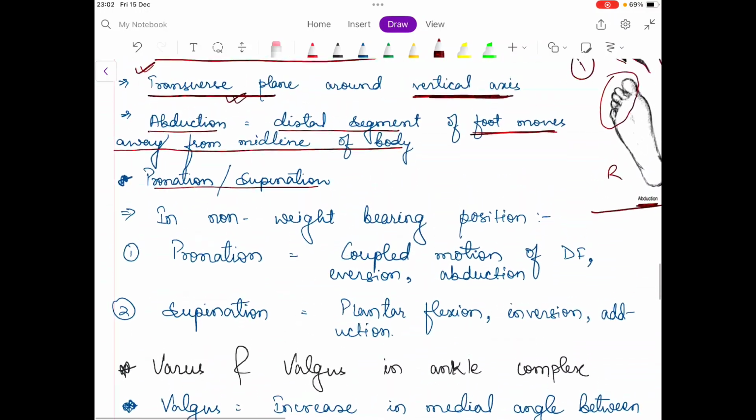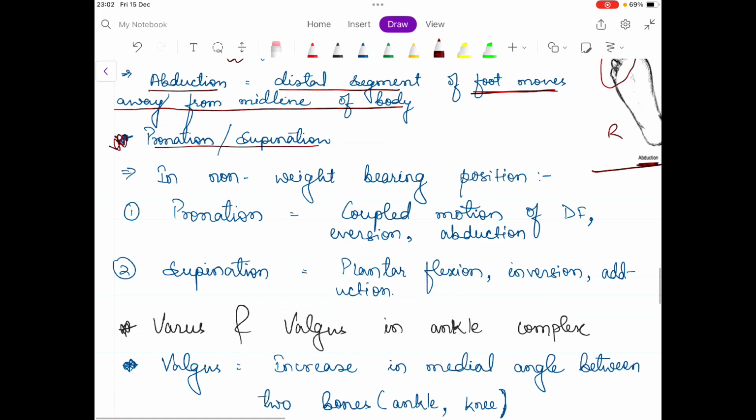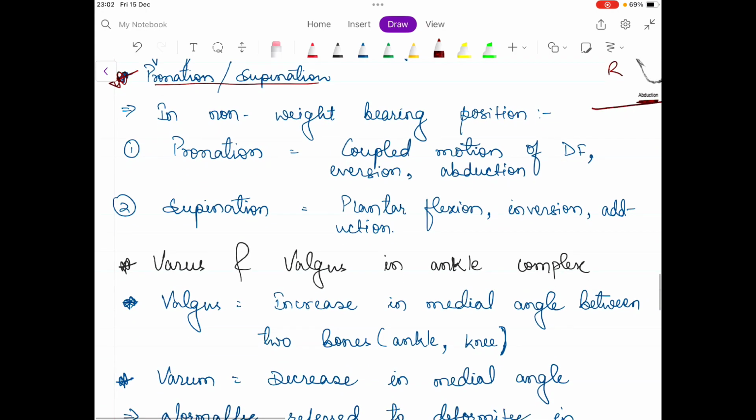Now there is a fourth motion, which I have said is a coupled motion. Okay, and the fourth motion is pronation or supination. In the non-weight bearing position, pronation means coupled motion of dorsiflexion, eversion and abduction.